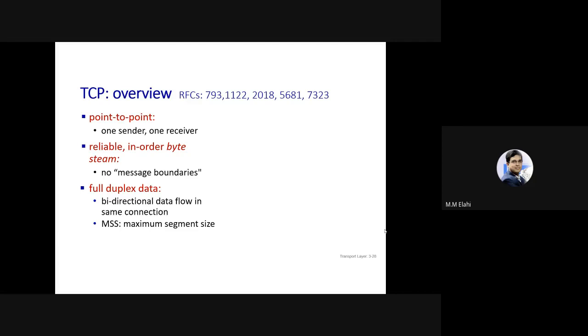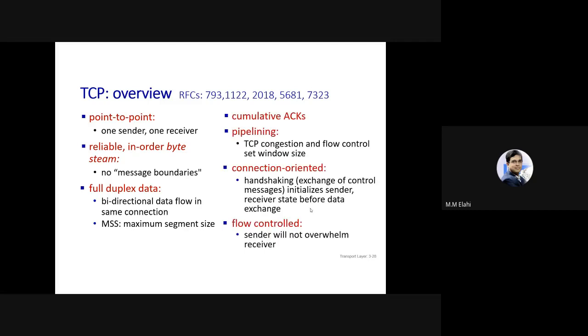Okay. So another one is full duplex. That means the communication is bidirectional, and each segment has a maximum size. It is called maximum segment size. One important property or keyword used by TCP is cumulative acknowledgements. Cumulative acknowledgements means acknowledgement can never decrease.